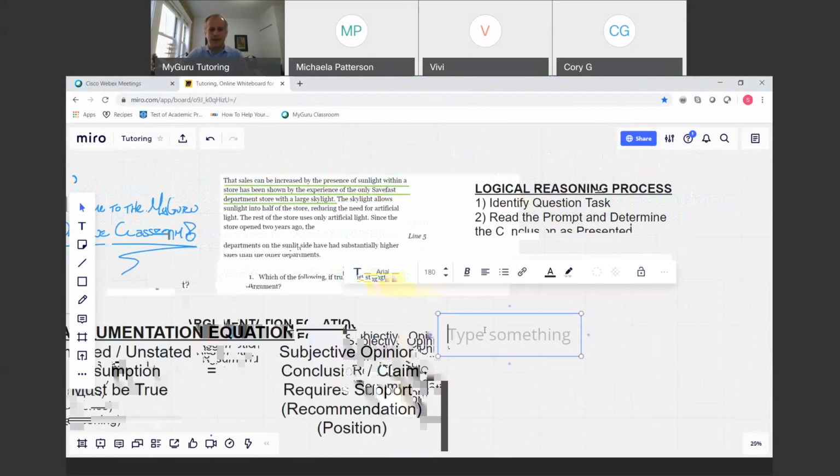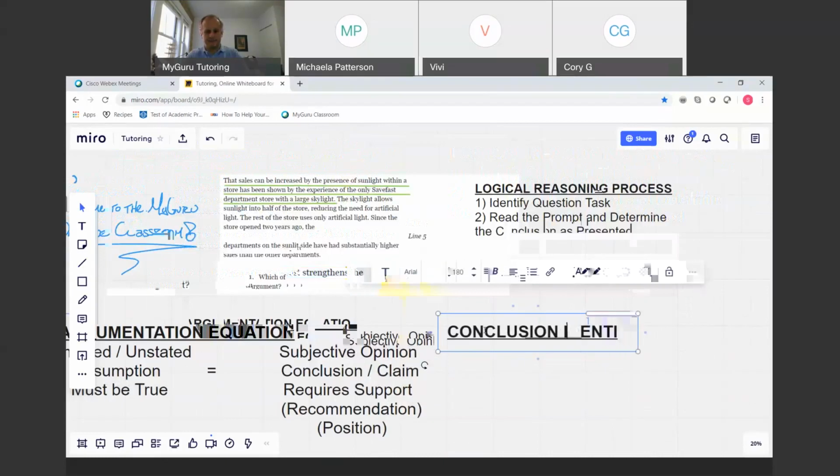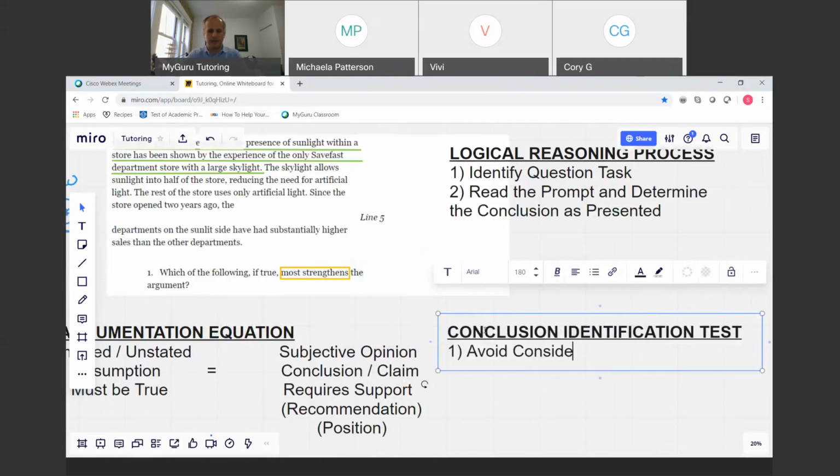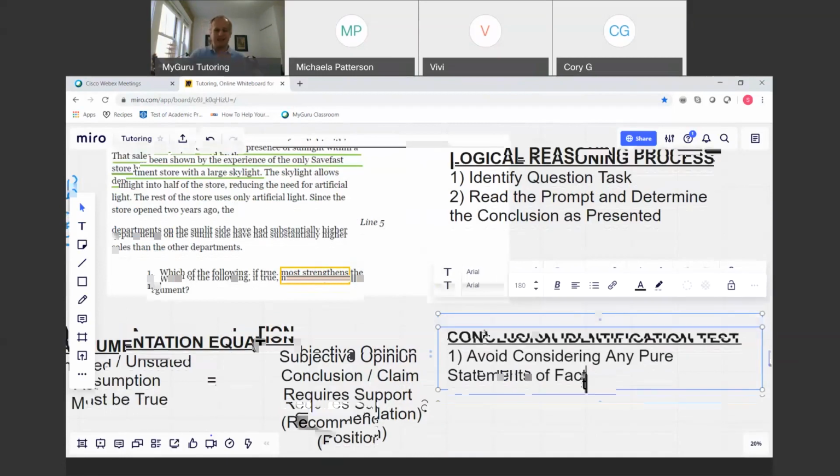So your conclusion identification test is first going to be to avoid considering any pure statements of fact, because we know that the conclusion is the opinion. We can still see that, with our little bit of the equation that's still visible here.